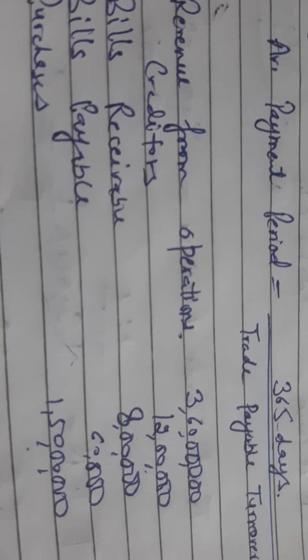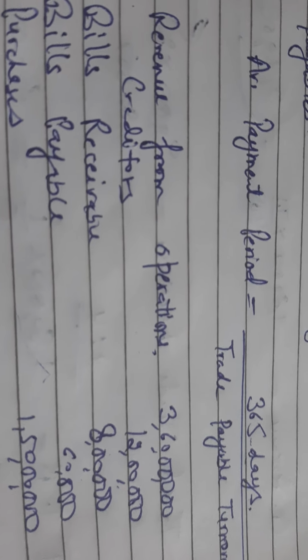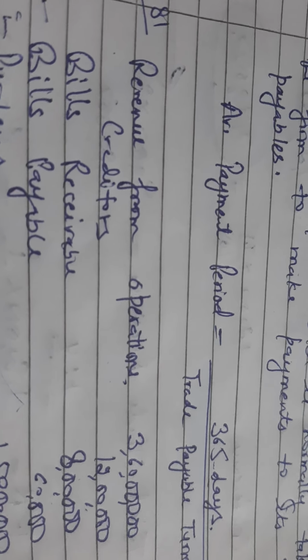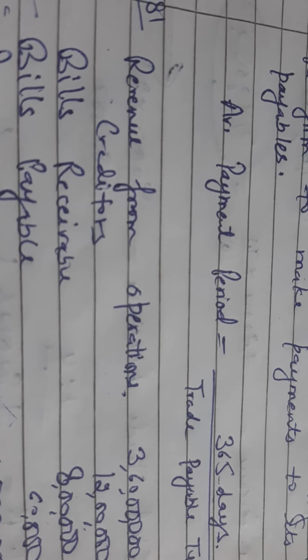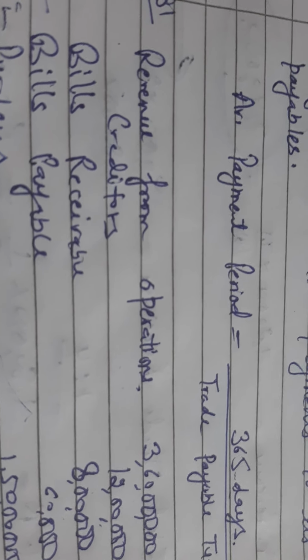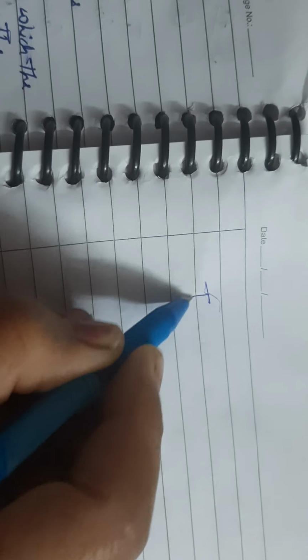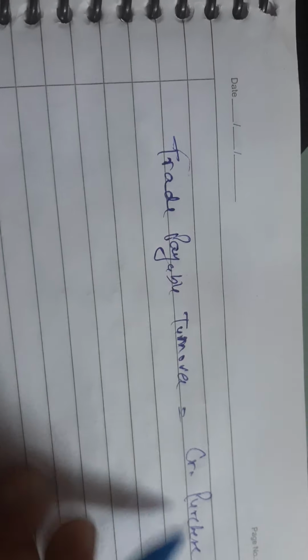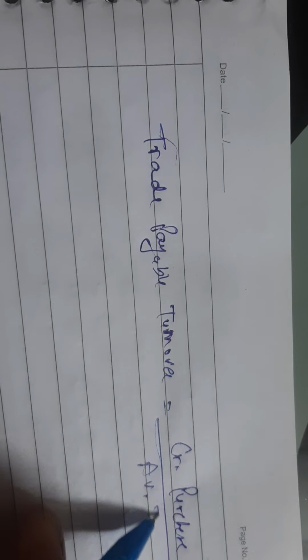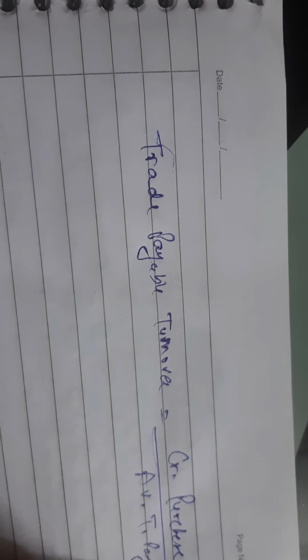So here we have to find out the trade payable turnover ratio, and for that we have the formula: credit purchases upon average trade payables.